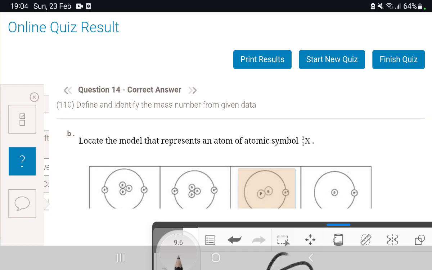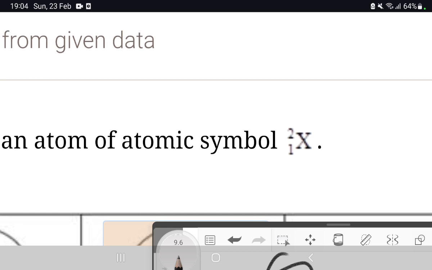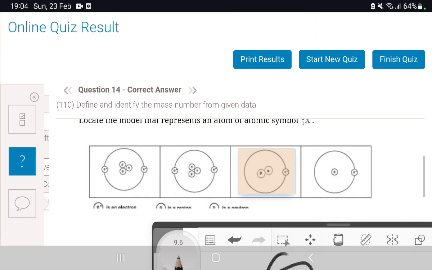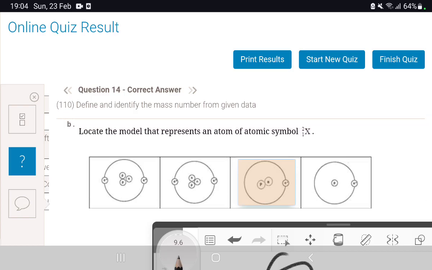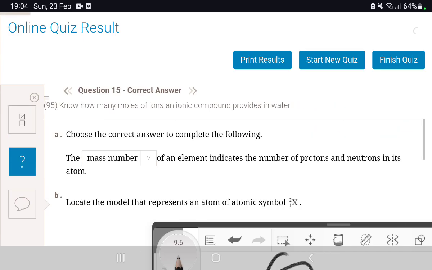So here the 2 means that we have 2 protons and neutrons combined. And the 1 here means that we have 1 proton. So here we have 1 proton and a total of 2 protons and neutrons. Number 15.